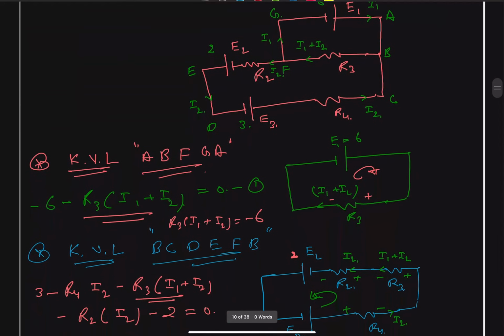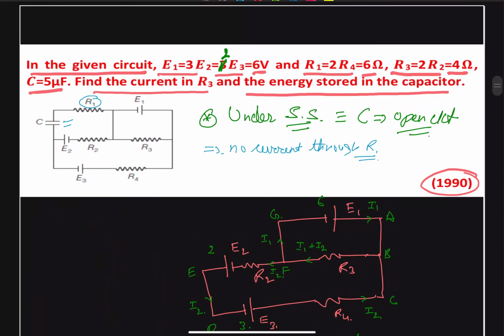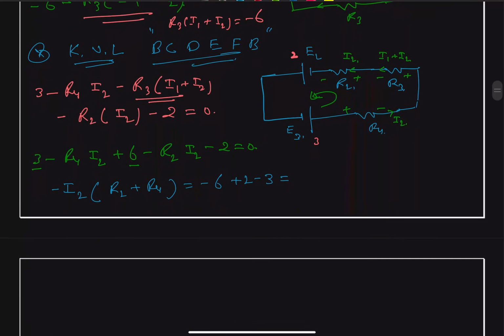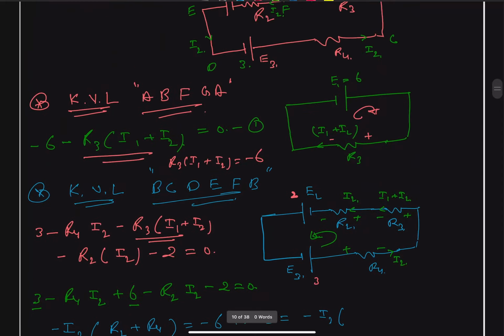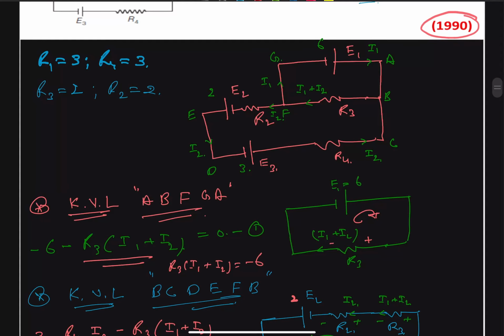So both R1 is our, let me calculate them here. So I can see my R1 is equal to 3 ohm, R4 is also equal to 3 ohm, and I have this R3 will be equal to 2 ohm, and my R2 will be also equal to 2 ohm. So this comes as 3 plus 2. So I get this as minus of I2, and R4 is 3 and R2 is 2.